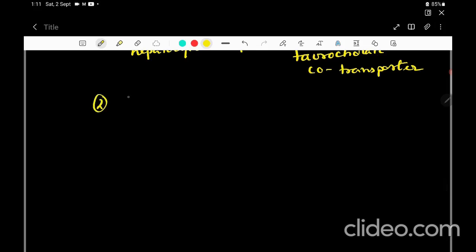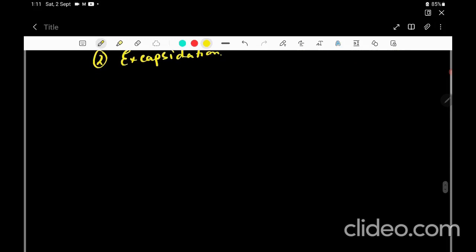Then there is uncoating. Now the virus enters into the hepatocyte nucleus.